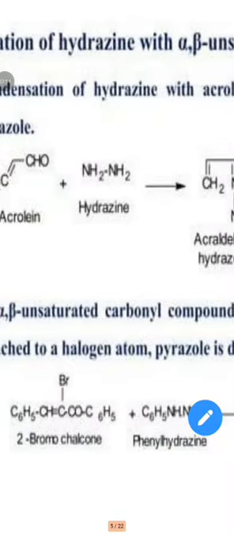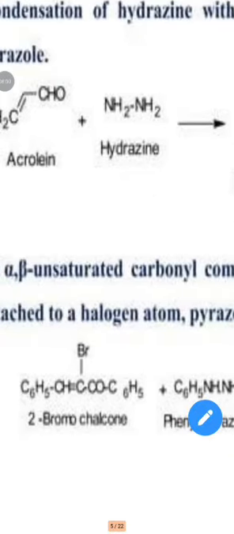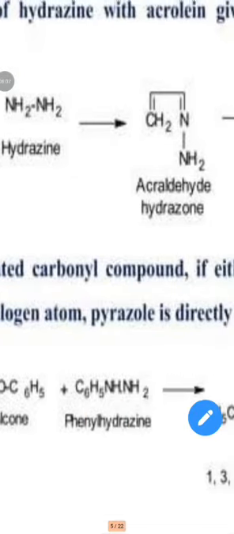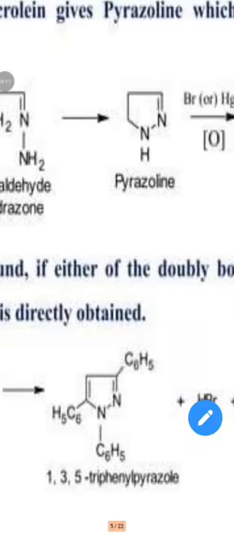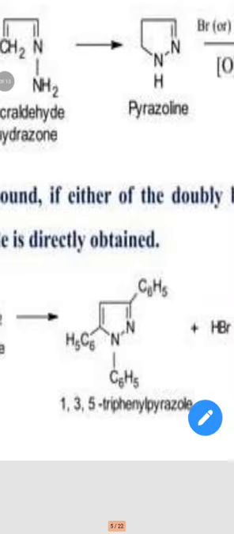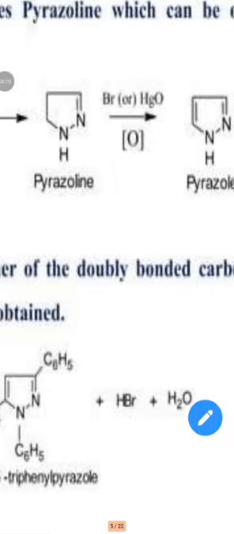So phenylhydrazine, C6H5NHNH2, is reacted with 2-bromochalcone to form a derivative of pyrazole, 1,3,5-triphenyl pyrazole. The remaining products, hydrogen bromide and water, are formed.